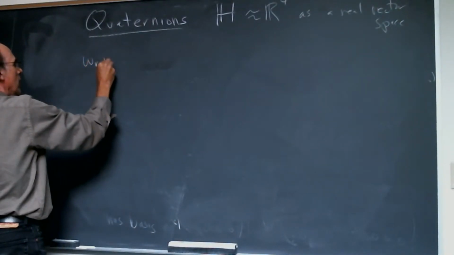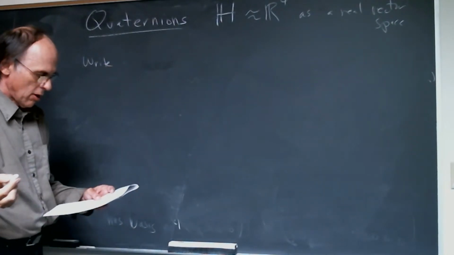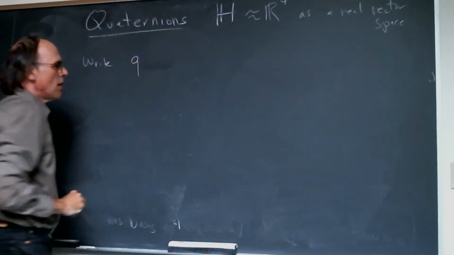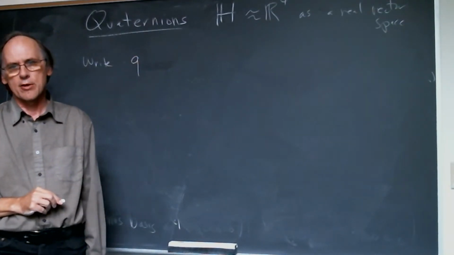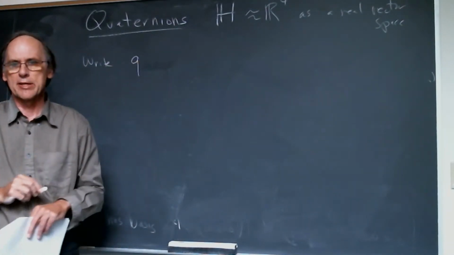So to make this work, you have to write your element of R^4 in a particular way. When I write q, I often mean a quaternion, just as small z often means a complex number.